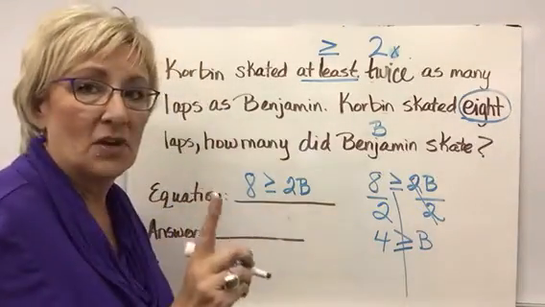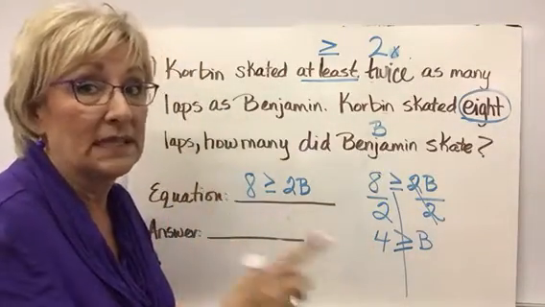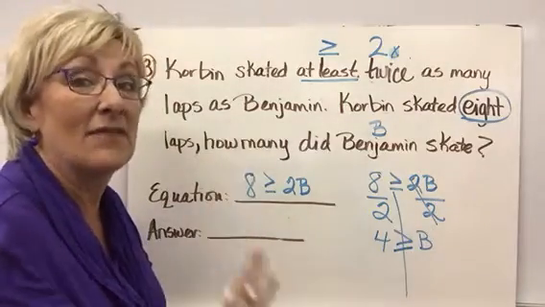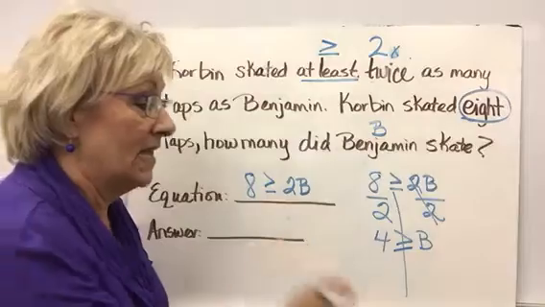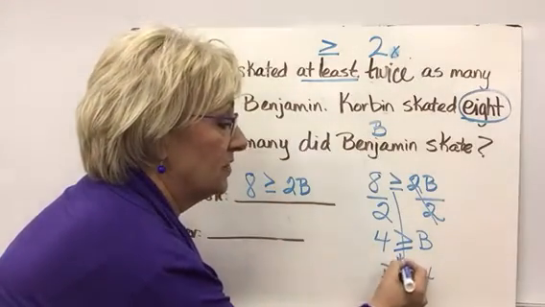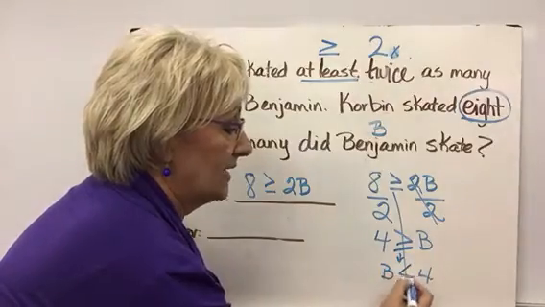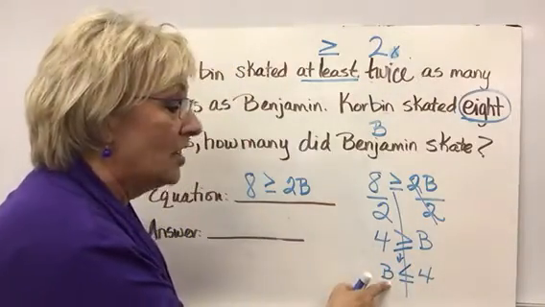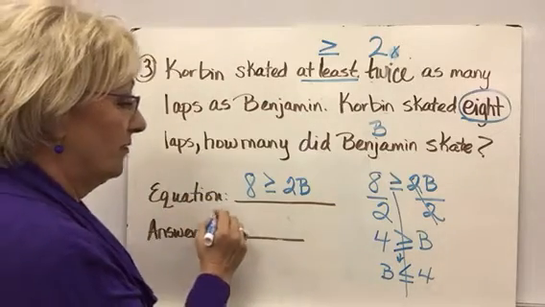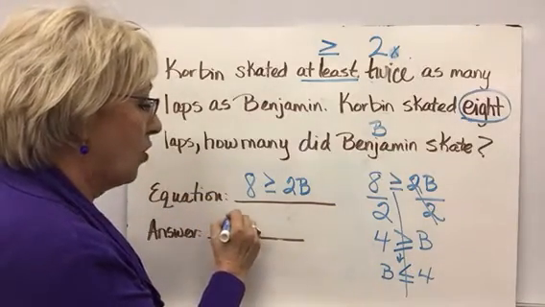Now remember, I've told you, math teachers normally like to put the variable on the left-hand side, but I have to flip everything. That means flipping the B and the 4, but I also need to flip this to make it less than. So I know that Benjamin skated 4 or fewer laps.